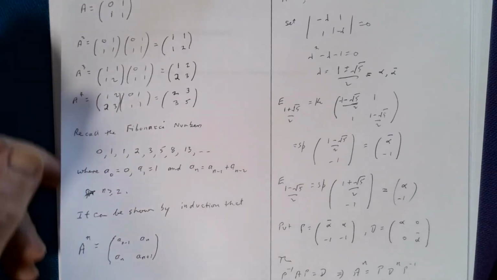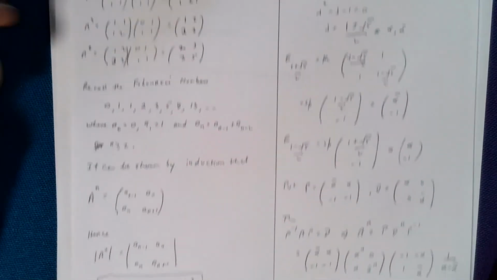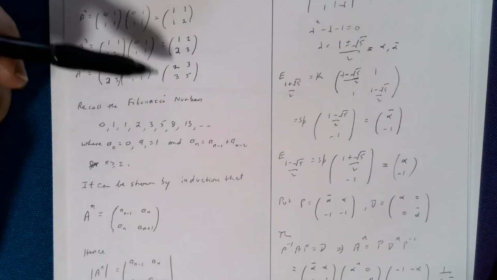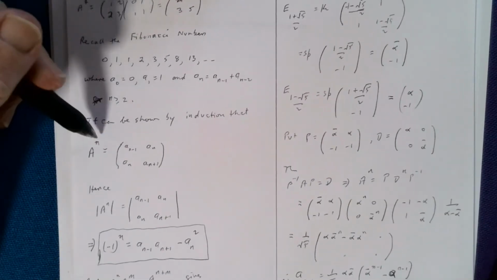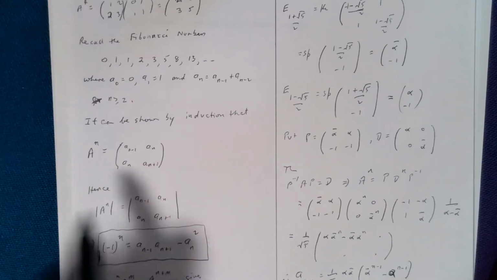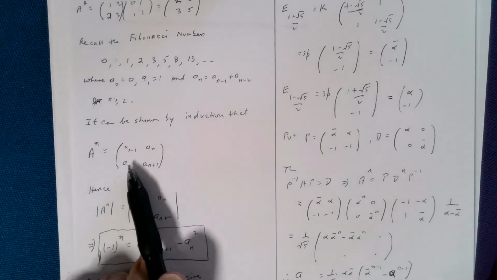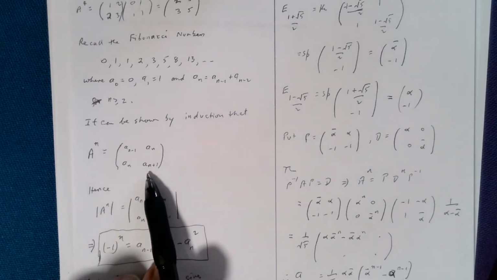Now, it's not a difficult induction, in fact, to prove that our suspicions from looking at the numbers in here do in fact hold. That is, that the nth power of this matrix contains the Fibonacci numbers. So the nth power has the nth Fibonacci number here, the (n-1)th one here, and the (n+1)th one there.